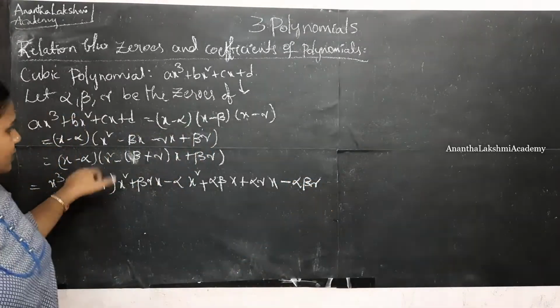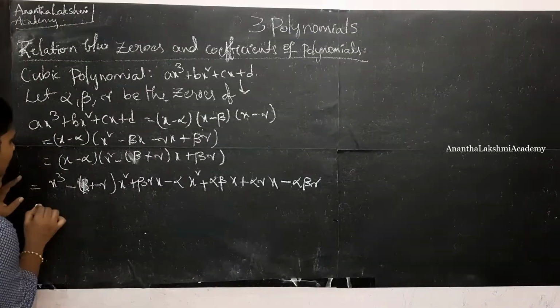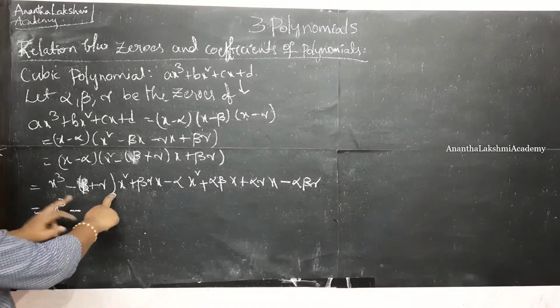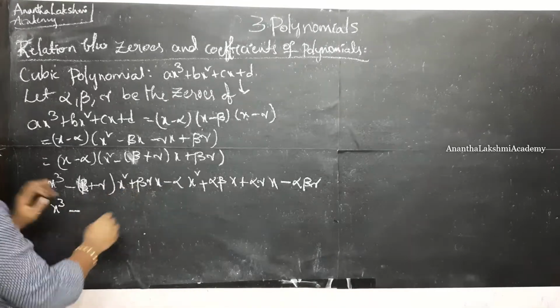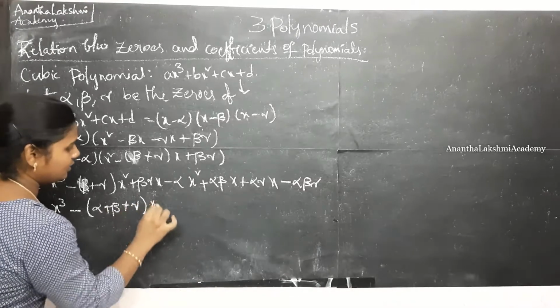When you multiply minus alpha with plus beta gamma, it will be minus alpha beta gamma. So let me figure out x cube minus, we have alpha plus beta plus gamma here and minus alpha here. So by extracting this minus outside, it will become x square.